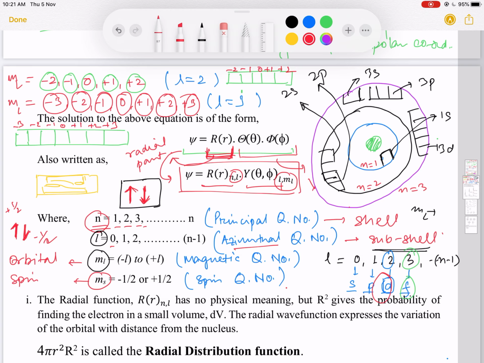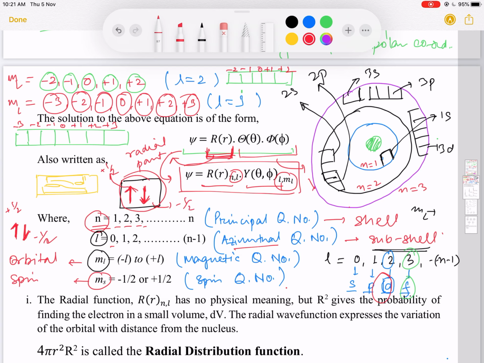One will be in upward spin, one will be in downward spin. So you can correlate this with the example of shoes, how a new pair of shoes is placed in a box. The upward spin will have spin quantum number plus half, and downward spin will have minus half.